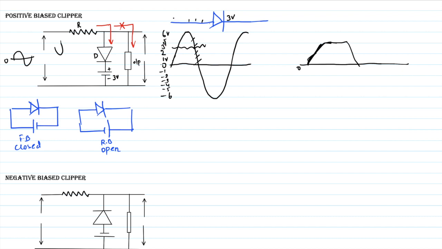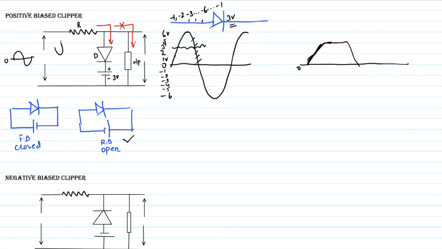All these voltages are less than the voltage at the cathode, so whatever negative signal you are giving as input to the diode is less compared to the cathode.